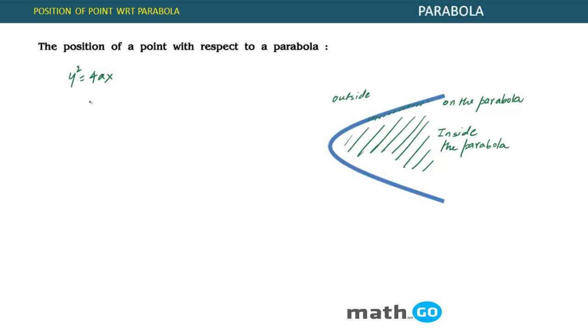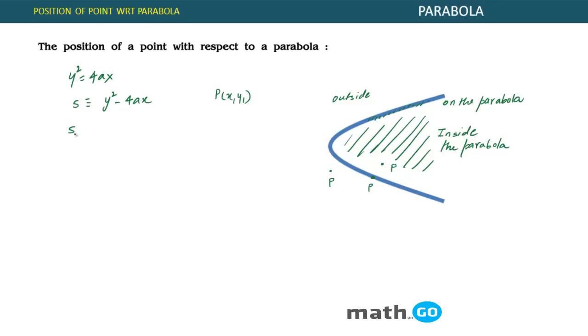So first of all, as we did in the case of circles, let us write the expression of the parabola as S. This is given by y² − 4ax, right? This is the expression of the parabola. And if you want to know whether a point P is lying here or lying outside, let's say P is (x1, y1).